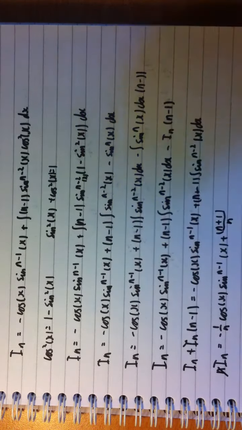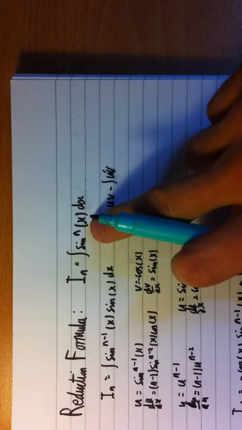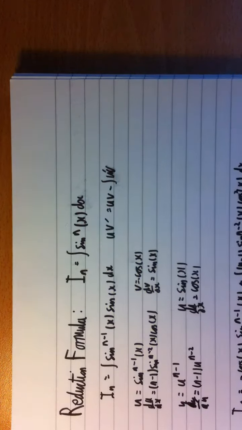And the final step is to recognize that the integral of sin^(n-2) x is the same as this integral here, but with subscript n minus 2. So this can be rewritten as I_(n-2). This is the reduction formula for sin^n x.